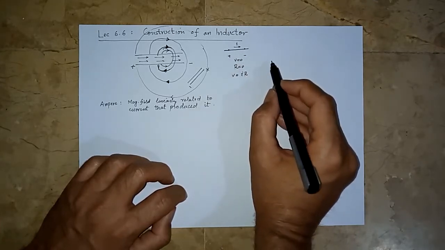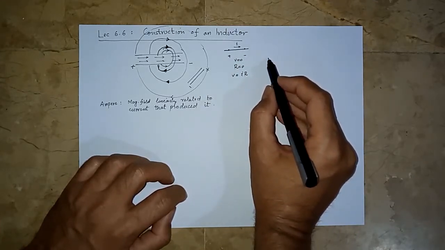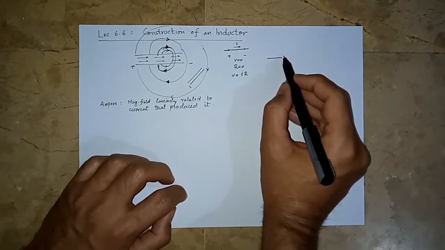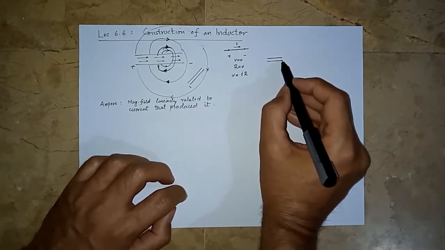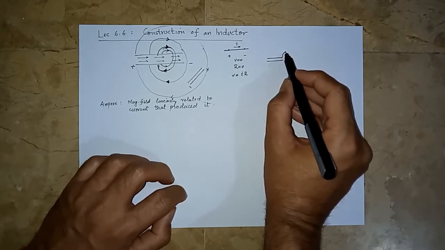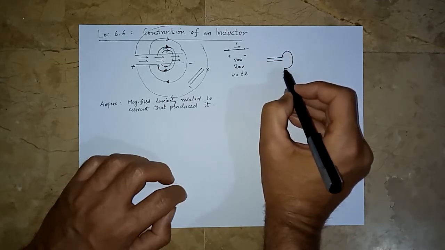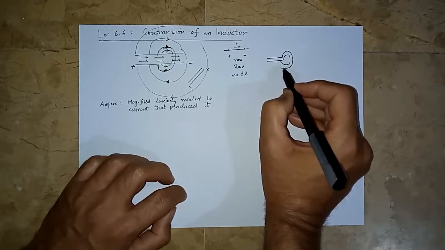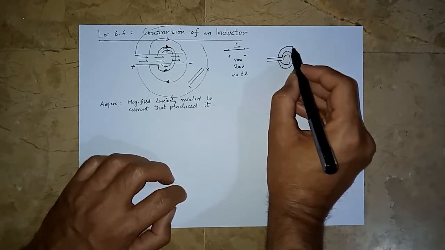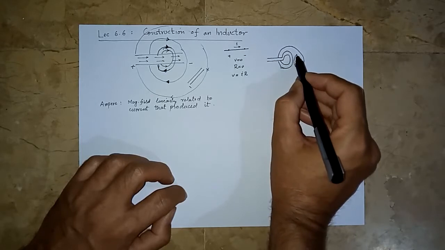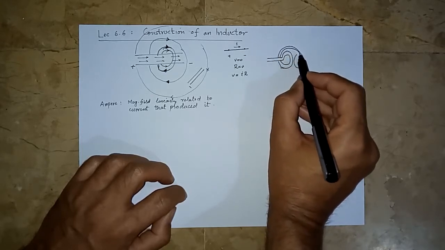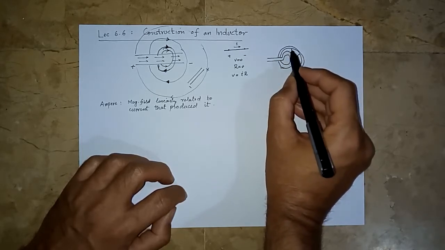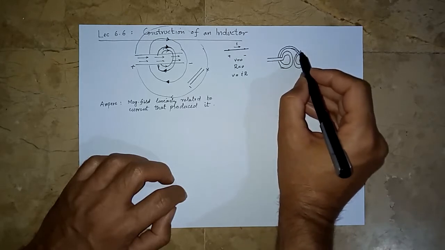However, they found that if we weave the wire in a coil shape in such a fashion, you see, I am trying to draw a 3D model actually, and I believe I am not being very good with it.